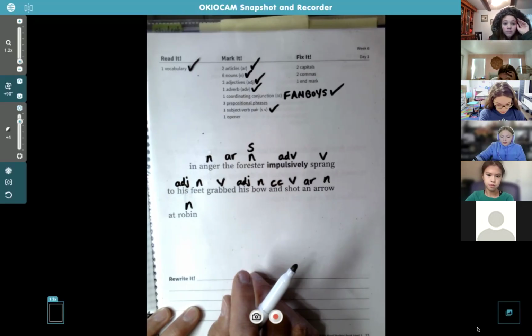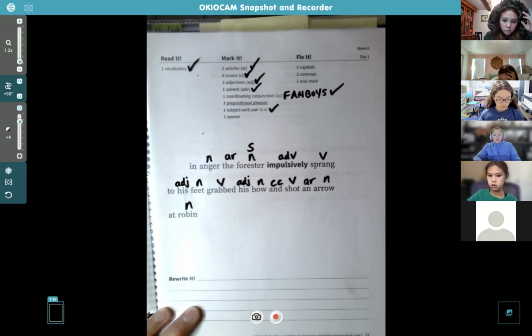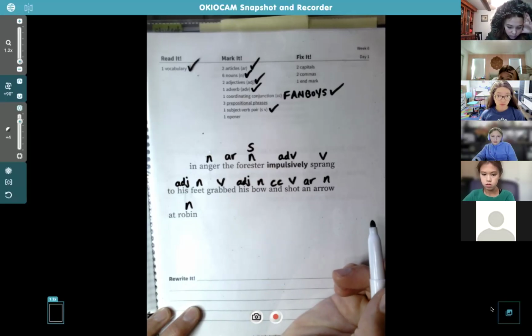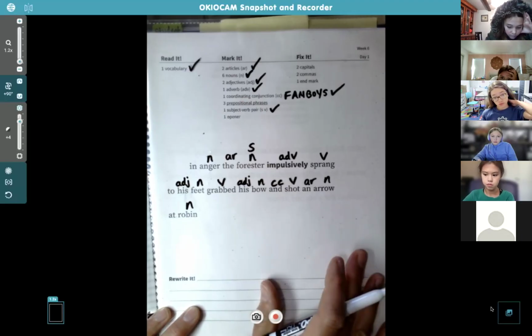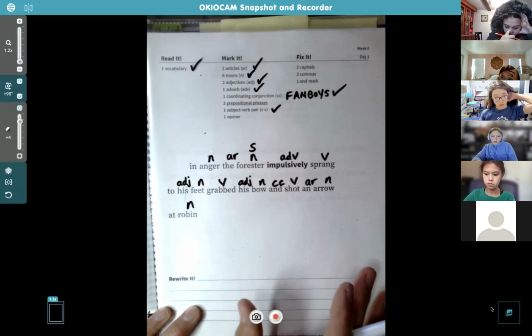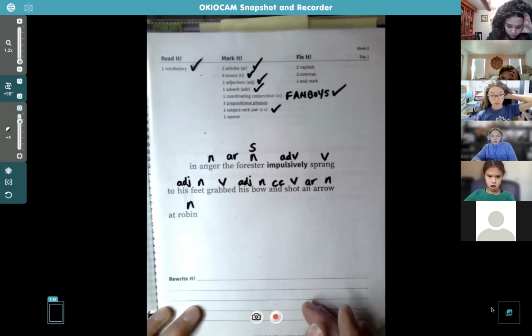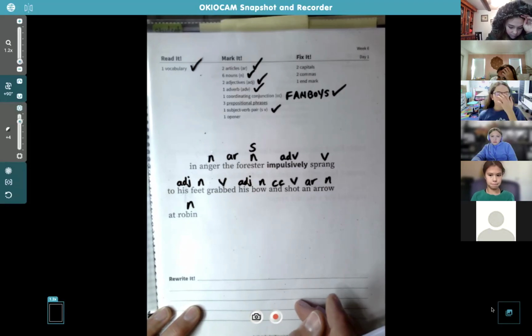Esther, where are the prepositional phrases? Let me see. So you're going to look for the words that don't have a label yet. That's why we save it till the end. It makes it easier to find.